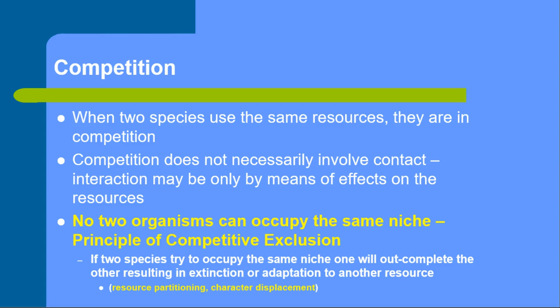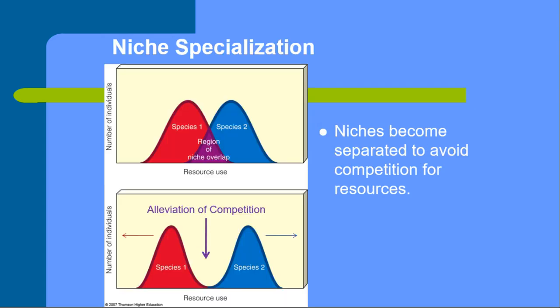Okay, now two big ways to get over competitive exclusion, right, are resource partitioning and character displacement, right? This is how you stop competition, is you shift to another resource, or you use the same resource in a different way.